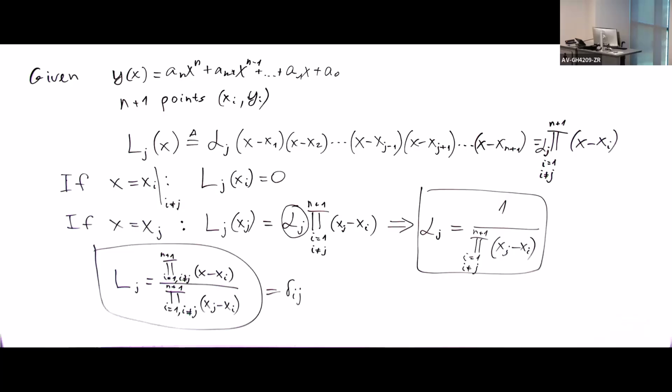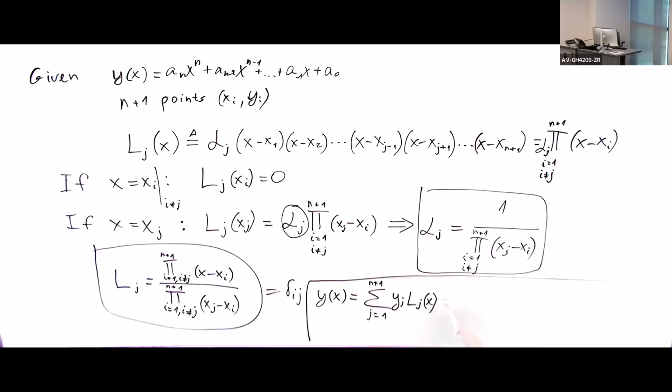And now, y practically will be a linear combination of this function, so it will be something like that. Let's use that space. So y of x will be a linear combination, which is sigma j equals 1 to n plus 1 of yj Lj of x.